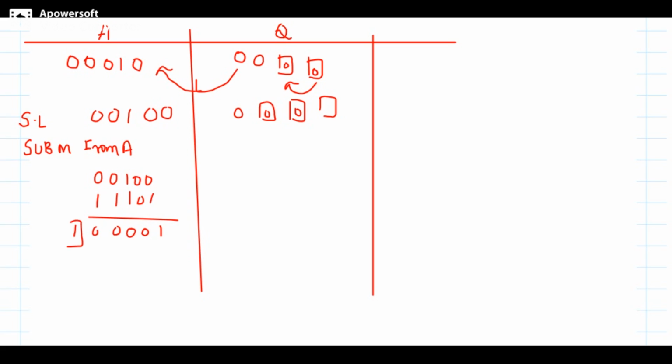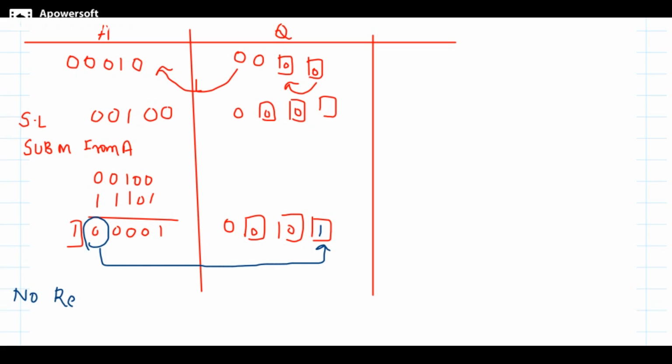So now this value I will write as it is 0, 0 and blank. So now check the sign bit. Since it is 0, I can set Q0 as 1. No need to restore. So now I can say that this completes third cycle. So once again we have to proceed with the next cycle.